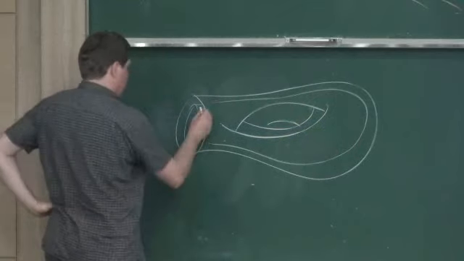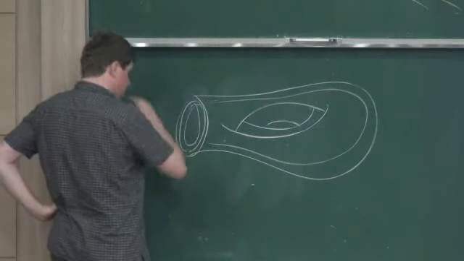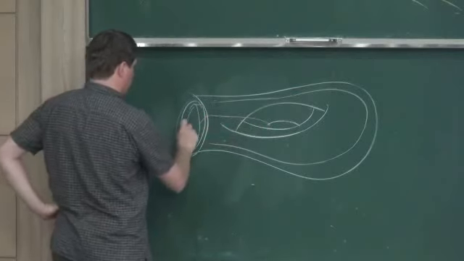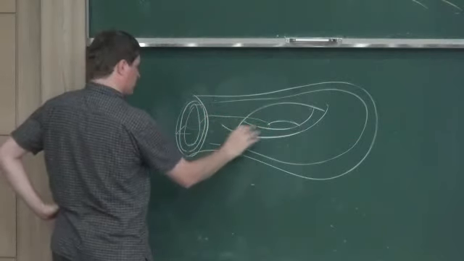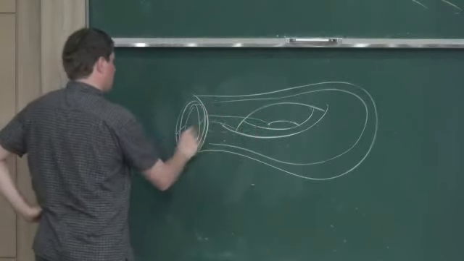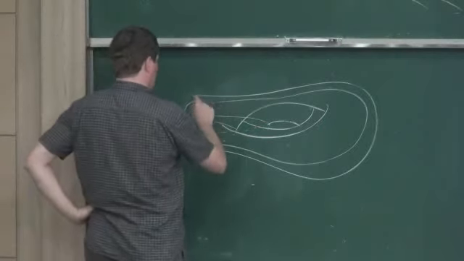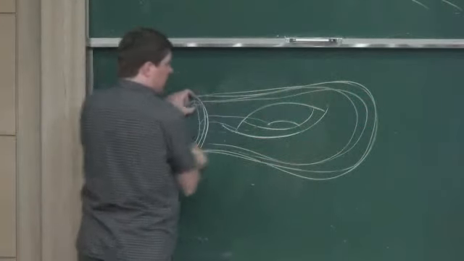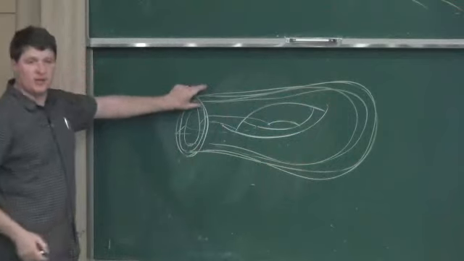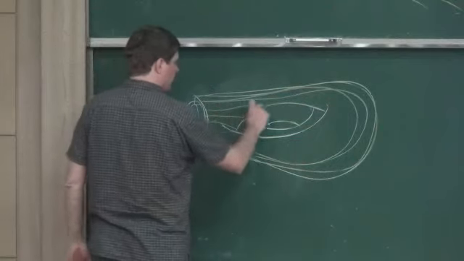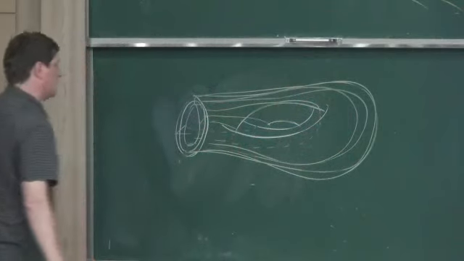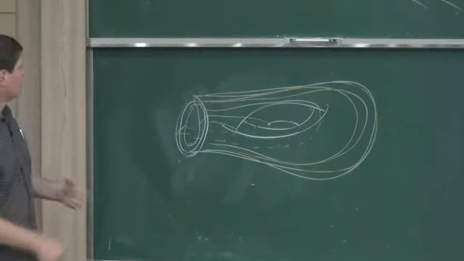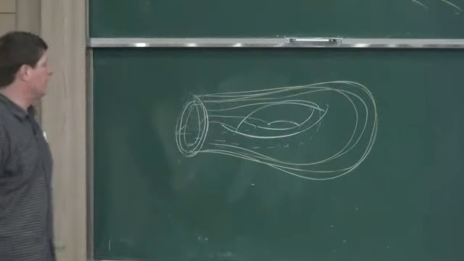So I can take a curve there, and then I can take some curve here, and then when I cross it, each arc inside of the punctured torus, when I cross it with an interval, gives me a disk. And then there'll be one that goes around like this or something. I'm not going to draw the entire thing. So this is just a surface. I'll just take the boundary of that.